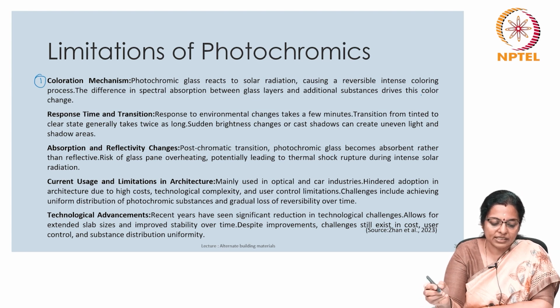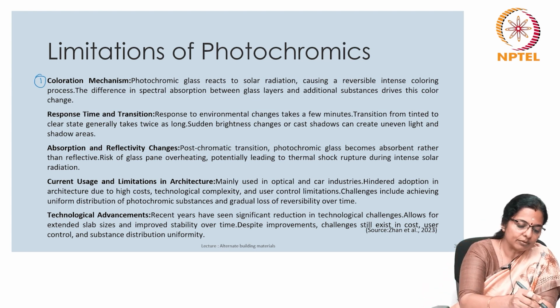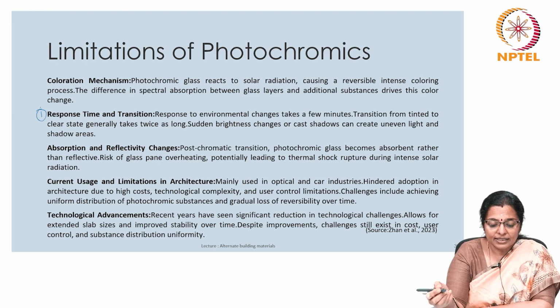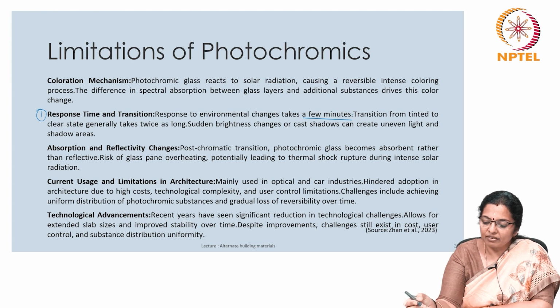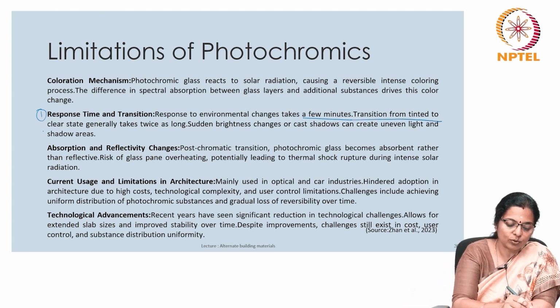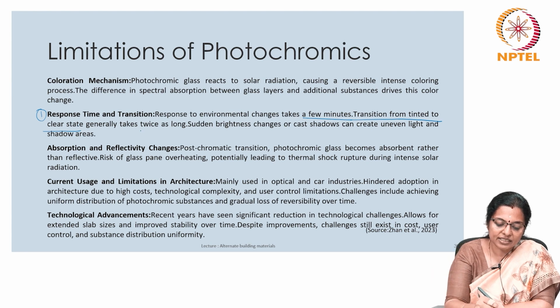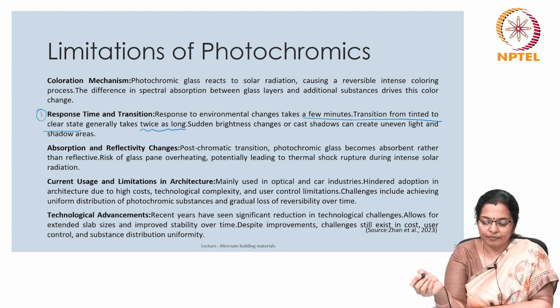The response time and transition, this is the major limitation. The response to environmental changes takes a few minutes. There is a particular transition time. So, the transition from tinted to clear state takes twice as long.